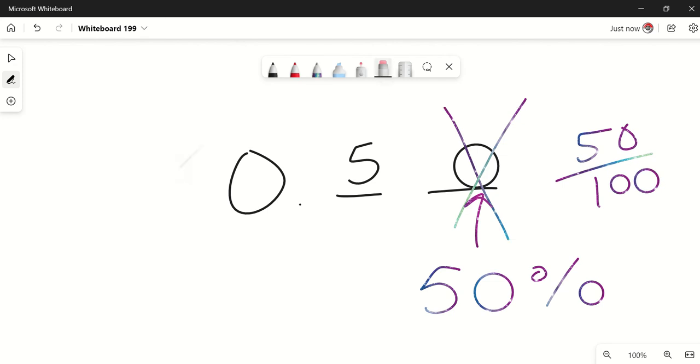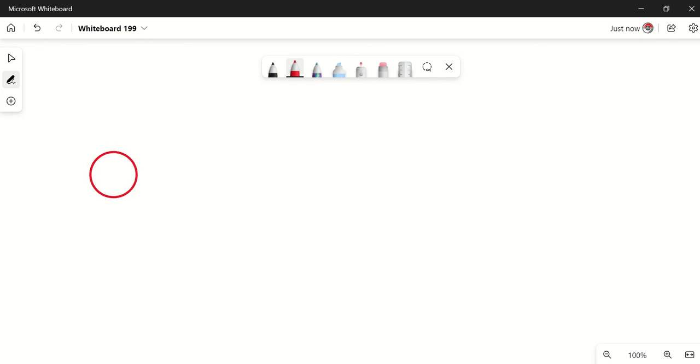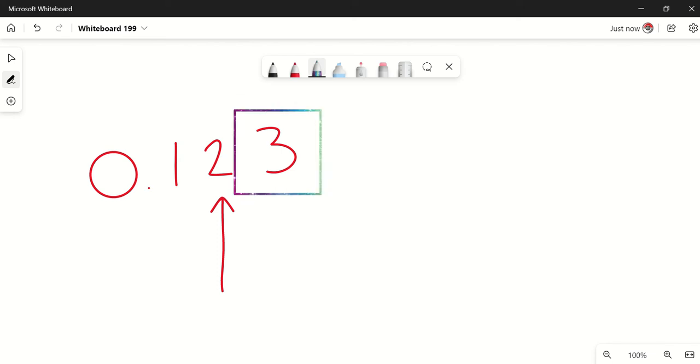Now let's do a quick review about what happens if our decimal has more than 3 numbers after the decimal. So say it's 0.123. We still look at the hundredth spot, but then we look at the number to the right of it, and this will tell us to round up or to round down.